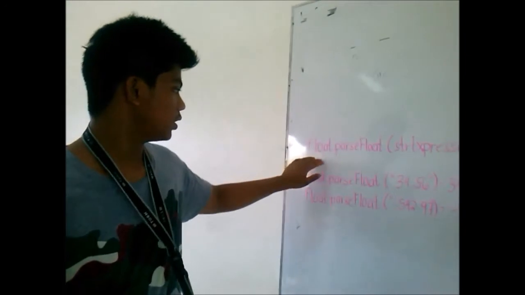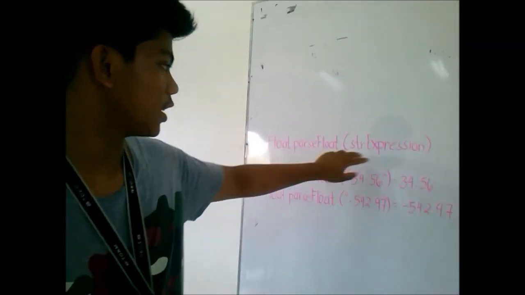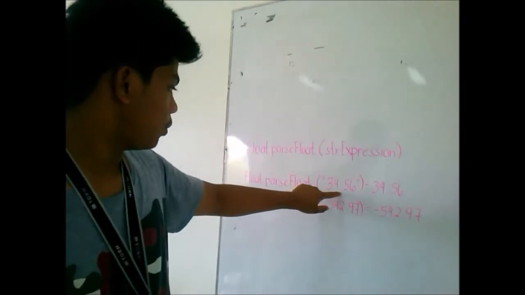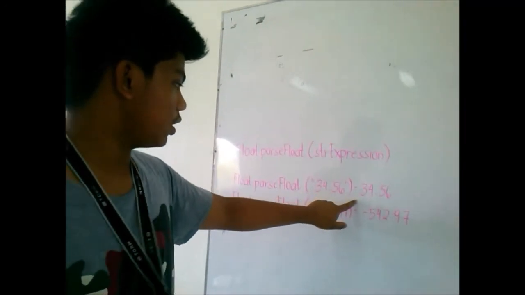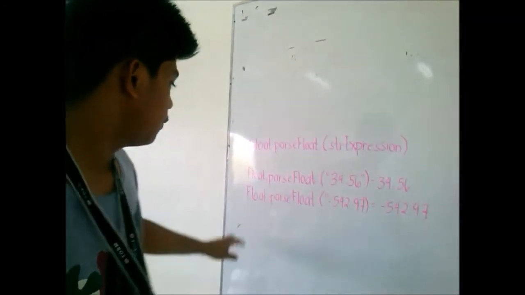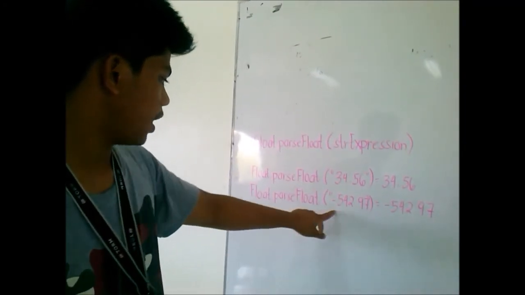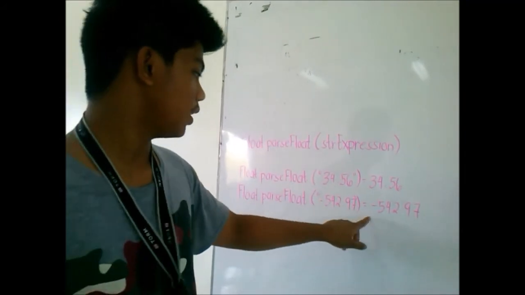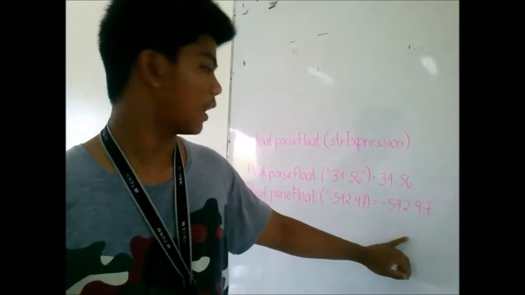To convert strings consisting of a decimal number to a value of the type float, we use the following expression: Float.parseFloat(strExpression). Float.parseFloat("34.56") is equal to 34.56. Float.parseFloat("-542.97") is equal to -542.97.